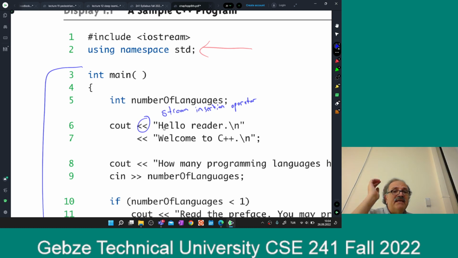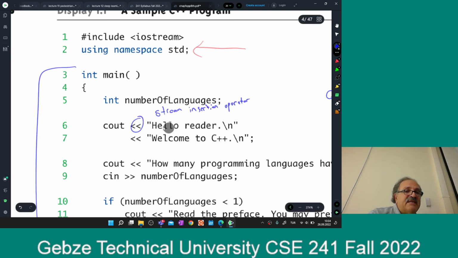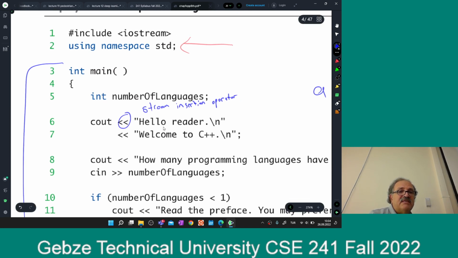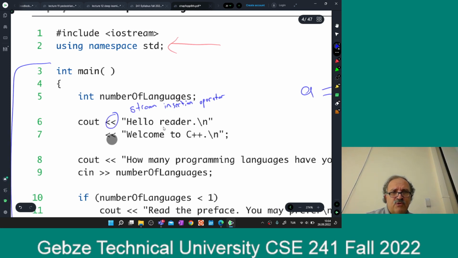Okay, so this is an insertion operator, and its task is to print something on the screen. When this operator works, it takes the string and prints it on the screen. That's what it does. And you might say, what is this? How about this one?